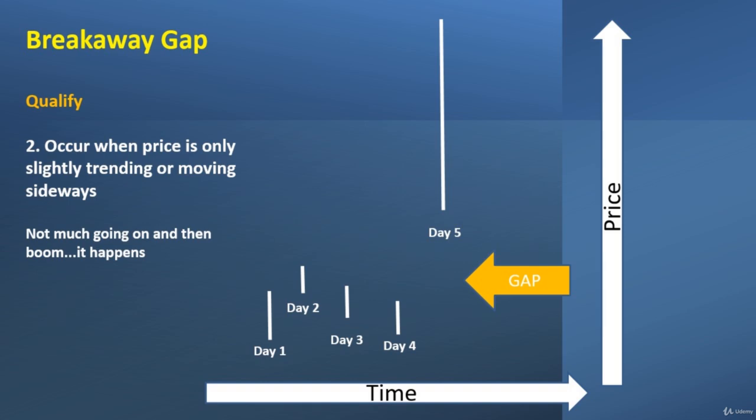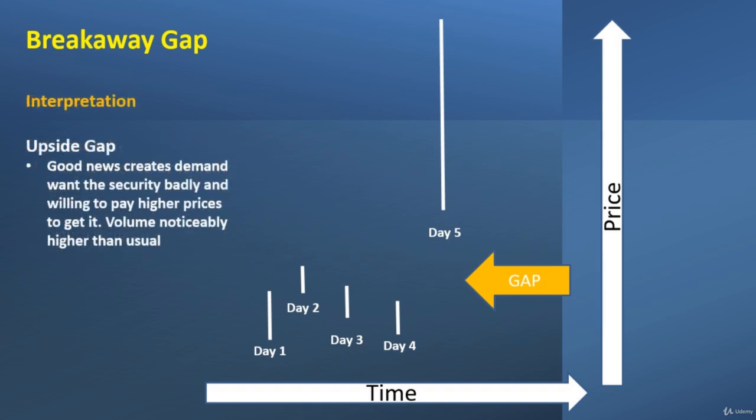So when you're looking at an interpretation of these, let's look at this one here. This is an example of an upside gap, as we know. If something happens, some good news, that creates demand, and people want the stock badly, or the security badly, and they're willing to pay higher prices to get it. Volume is typically noticeably higher than usual.